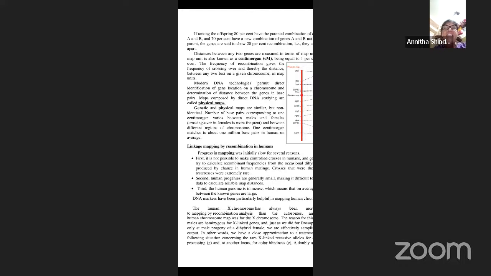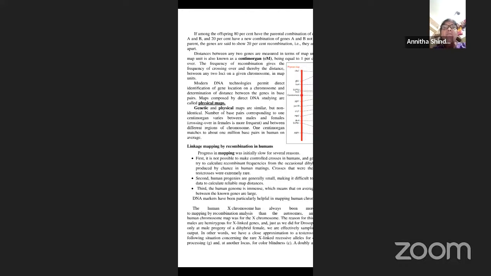Next is about the physical maps. Physical maps are nothing but identification of the gene location on a chromosome and determination of the distance between the genes in base pairs. So the maps composed by direct DNA study are called physical maps. Basically, there are 2 types of maps, the genetic map and the physical map.